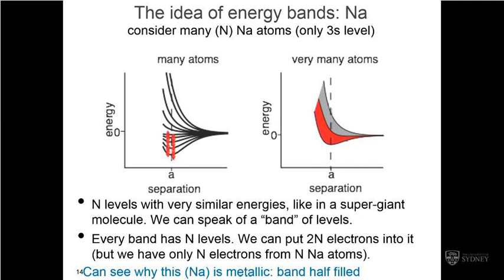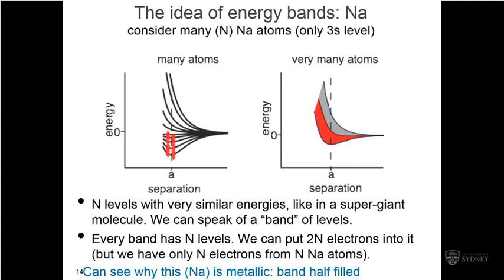The red part indicates the bands that will be filled with electrons, and there'll be some extra bands that have formed that are unoccupied and don't have electrons in. These will be basically the conduction bands. And the Fermi level is the energy of the uppermost energy level that has an electron in it.